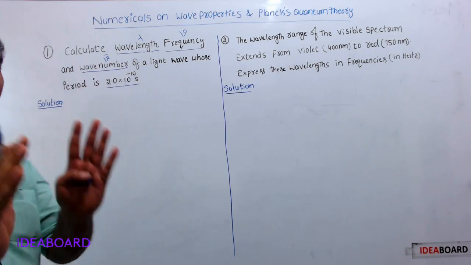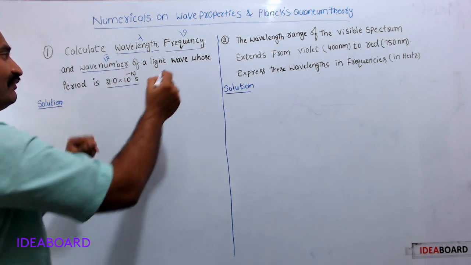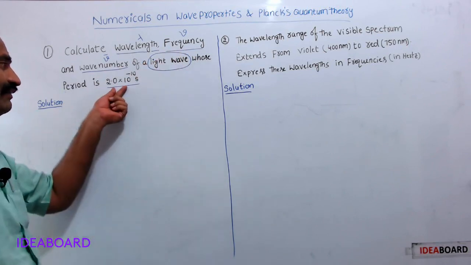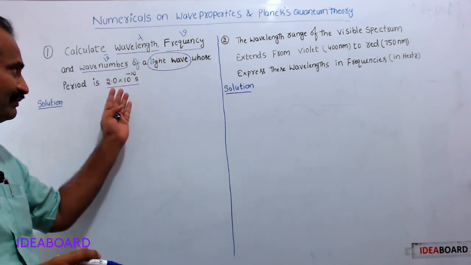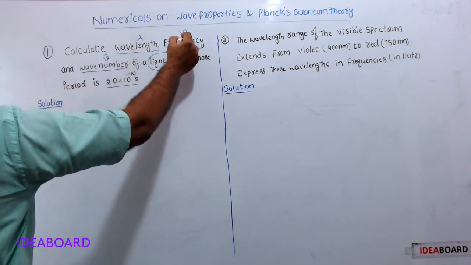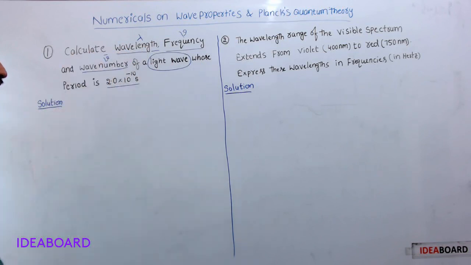So here for the light wave, the time period is given. From this we need to find out the wavelength lambda, frequency nu and wave number nu bar.